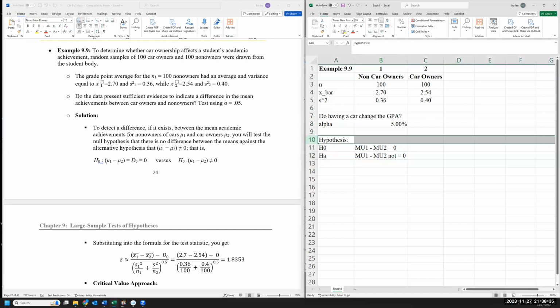And for simplicity and for completeness, I'm going to put D naught, the hypothesized difference, that is equal to 0, as a separate line to do the analysis. See that D naught is equal to 0. Use a big D. All right. The next thing we got to do is create the test statistic.